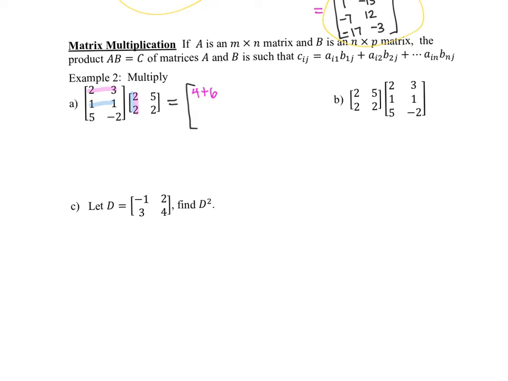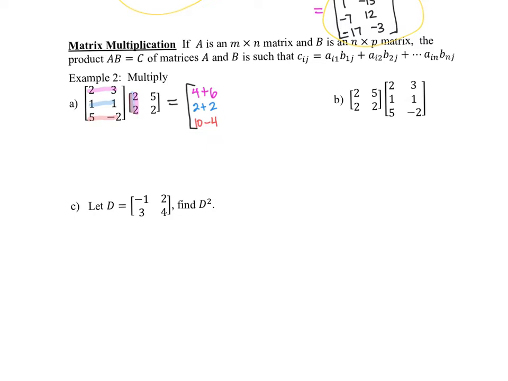And I'll multiply the corresponding entries again. The first one goes with the first one. 1 times 2 is 2, 1 times 2 is 2. Okay, then I'm going to go to row 3, column 1, and that'll tell me the entry that goes in row 3, column 1. So 5 times 2 is 10, minus 2 times 2 is 4.